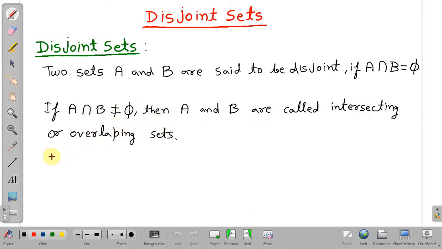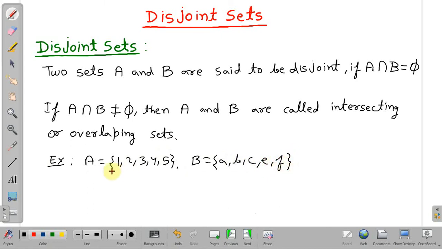If we take an example, suppose we have set A as {1, 2, 3, 4, 5}. These are the elements of set A, and set B has elements a, b, c, e, and f.